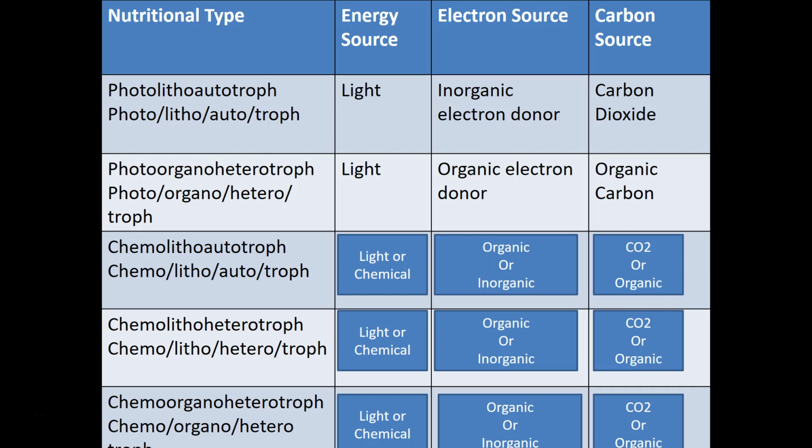Do you notice that the two things hooked together here are litho and auto: inorganic sources of electrons and an inorganic source of carbon, or their other choice, organic source of electrons and carbon? Why is this? Especially for this choice, the organic source tends to be the same molecule.